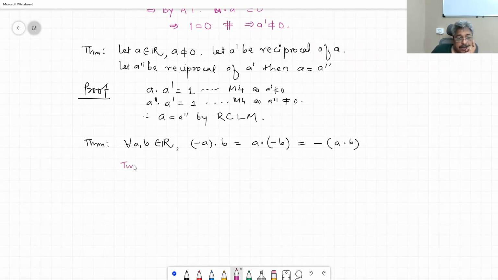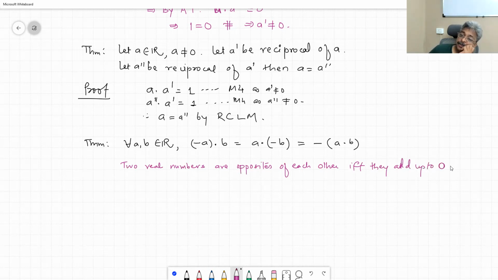Two real numbers are opposite of each other if and only if they add up to 0.